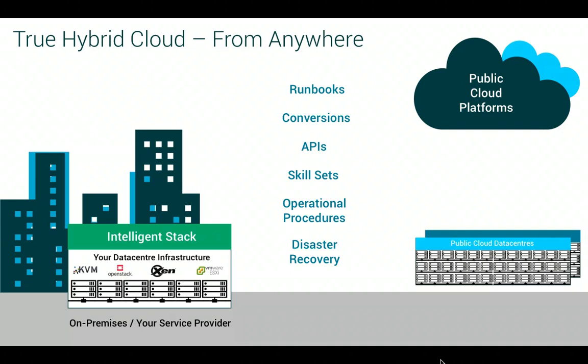But at the business level, the operational processes to go through to manage those different estates and the disaster recovery and business continuity planning required across those different estates can become really, really challenging.